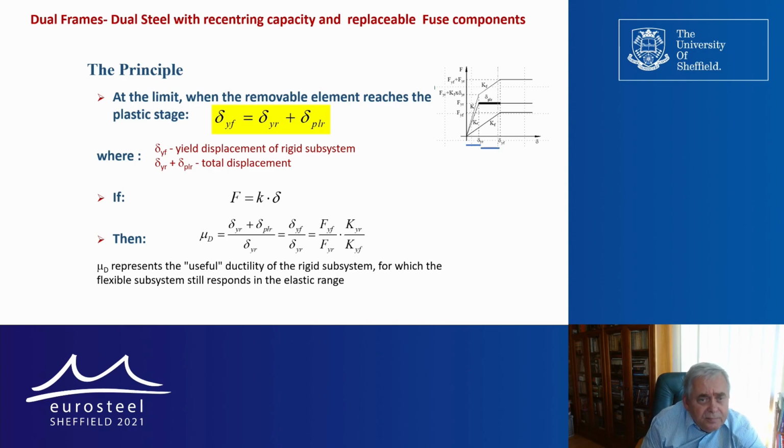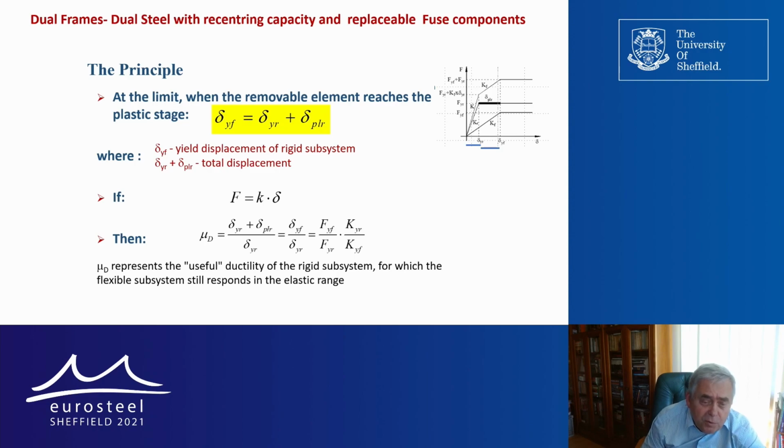At the end, practically, the total plastic deformation, which is the one developed in the rigid component, would include the sum of, let's say, elastic deformation and the plastic deformation of this system.